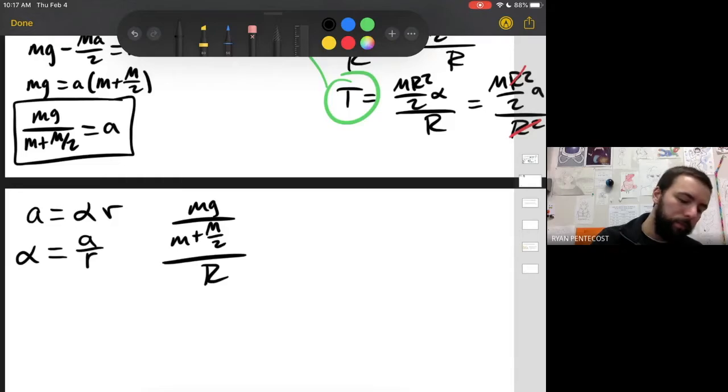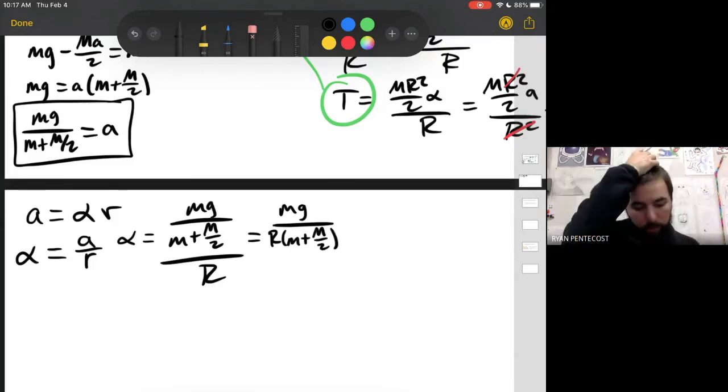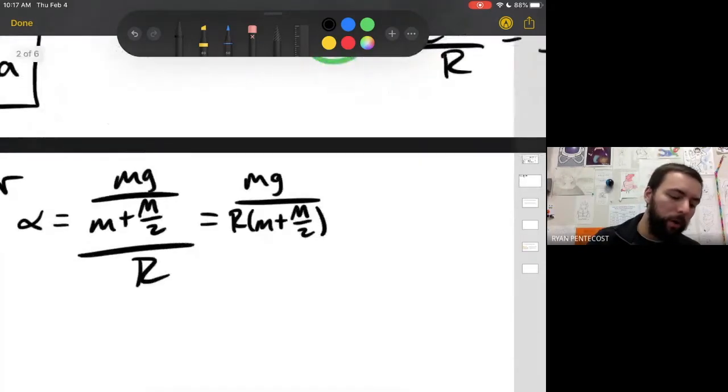And this is our rotational acceleration. So that gives us, little m. My penmanship doesn't really give a whole lot of hint to what is a little m and a big M, but I'm trying. So this is our angular acceleration, right? We've got mg over r times m plus M over 2.